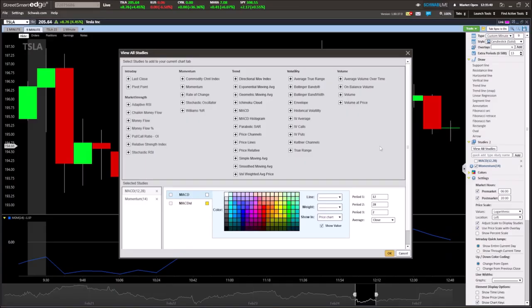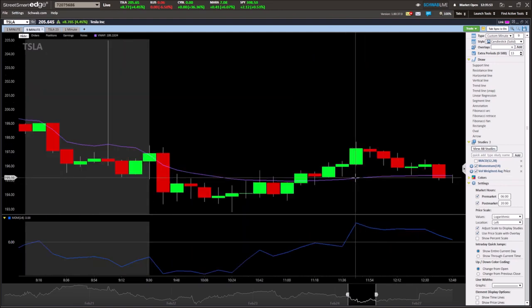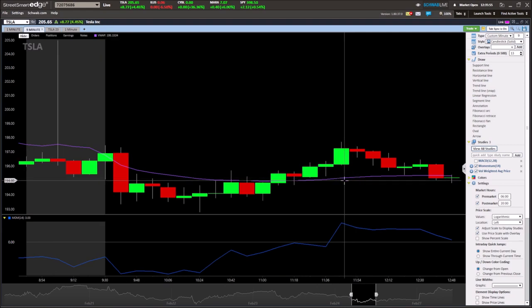All right, guys. So, just to recap, go to your indicators, pick an indicator, whichever one you want to use. VWAP seems to be popular. I don't use it, don't care for it. But add that indicator. Figure out what's going to be your entry signal that revolves around that indicator.